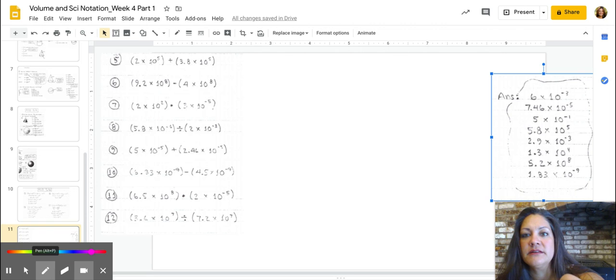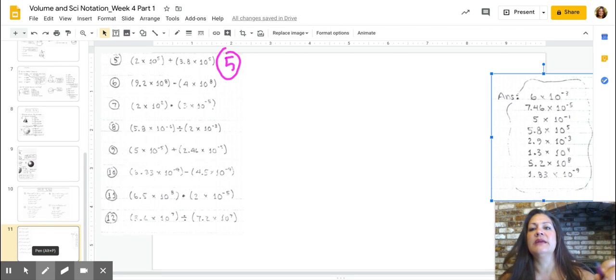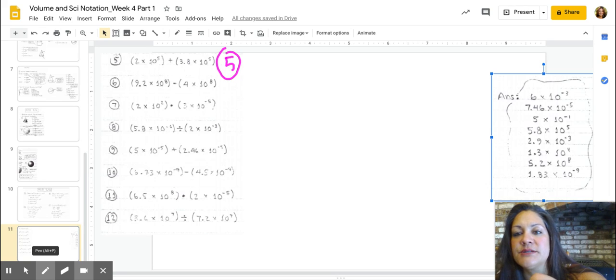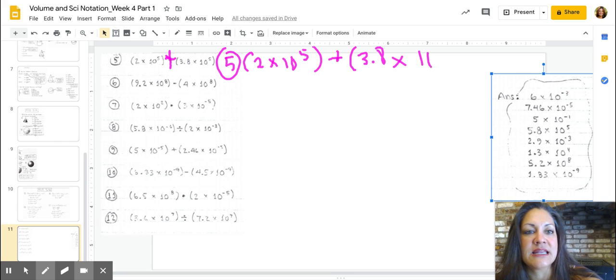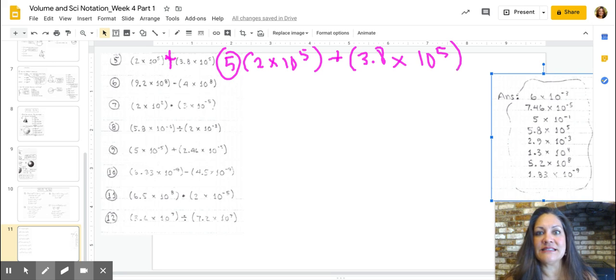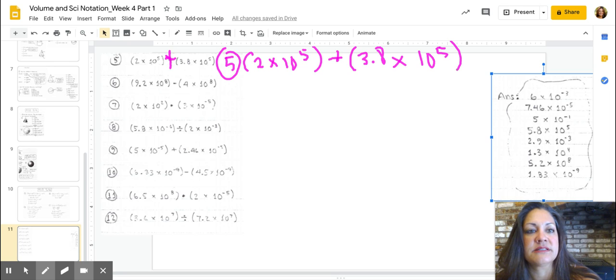Number 5. All right, so we have an addition problem. And it is 2 times 10 to the fifth plus 3.8 times 10 to the fifth. Look at easy addition because the powers of 10 are the same.